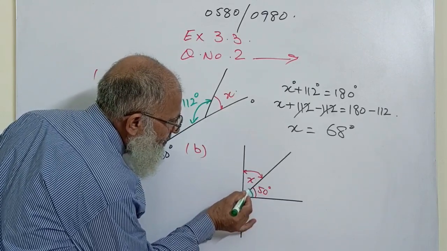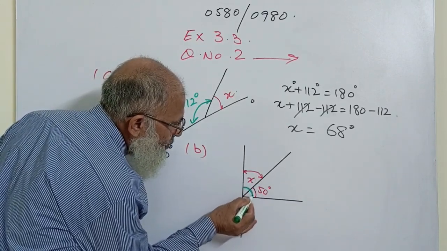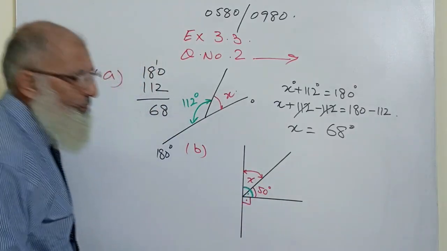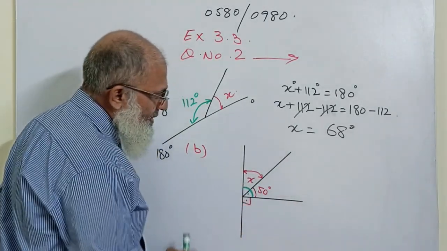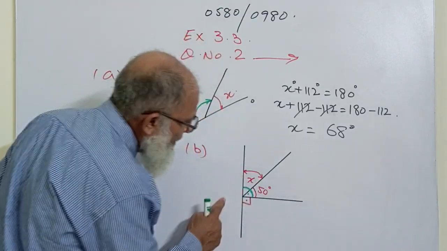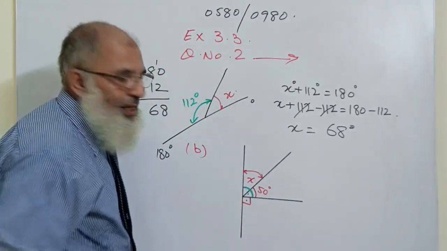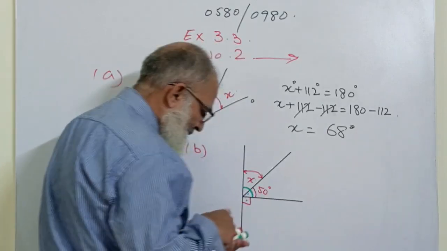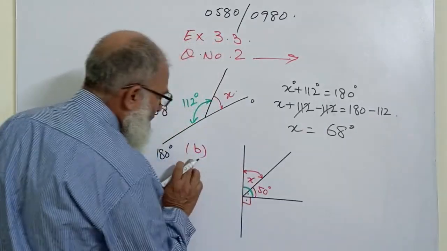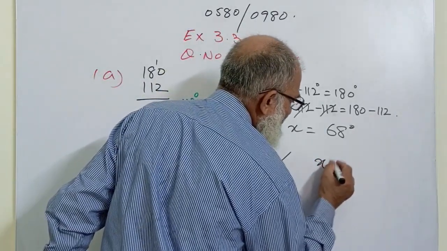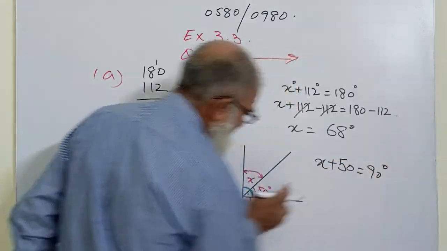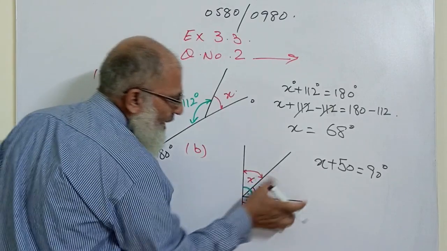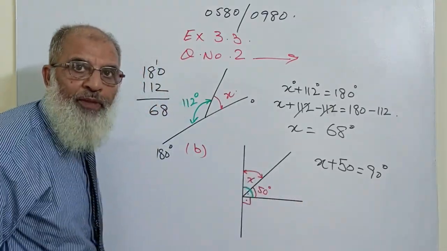Now this portion is also 90 degrees. It means that we are left with x plus 50. This is part B. x plus 50 is equal to 90 degrees, because these are complementary angles.